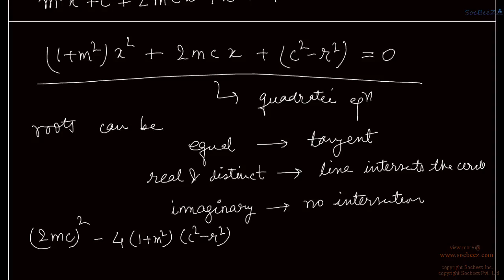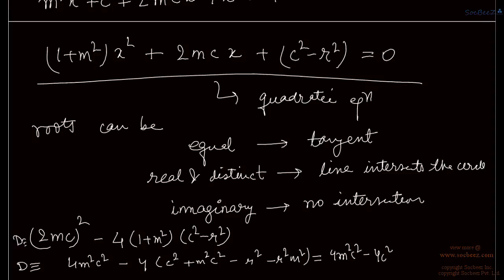Okay. Or if we try to expand this, the determinant of this equation is 4m square c square minus 4 times (c square plus m square c square minus r square minus r square m square), which is 4m square c square minus 4c square minus 4m square c square plus 4r square plus 4r square m square.